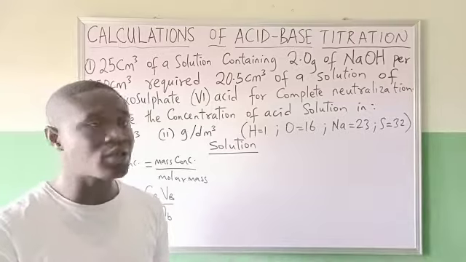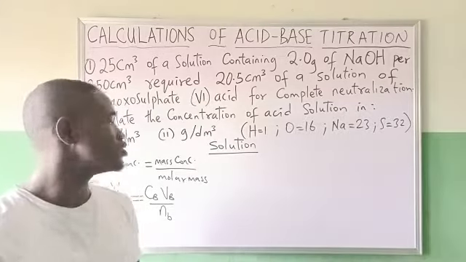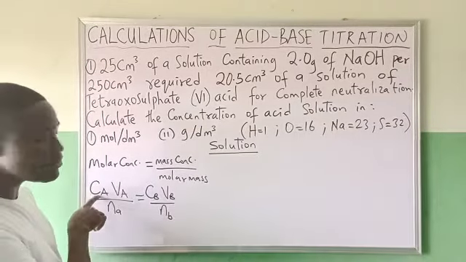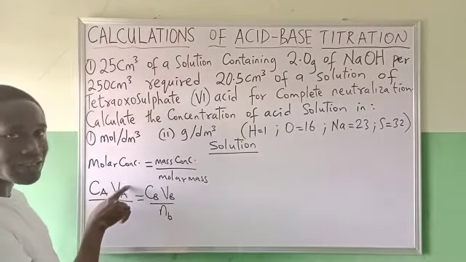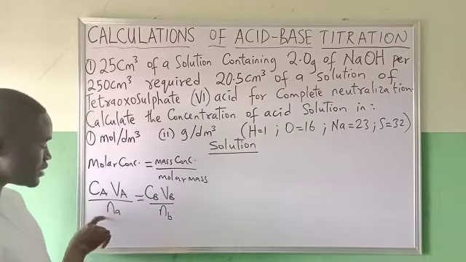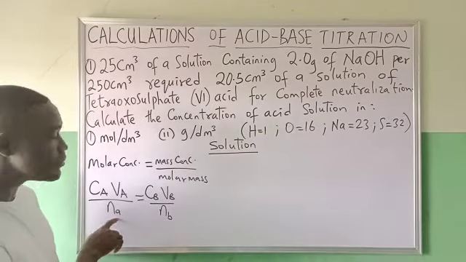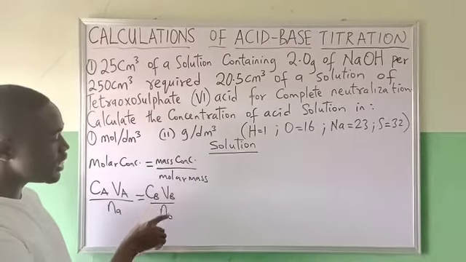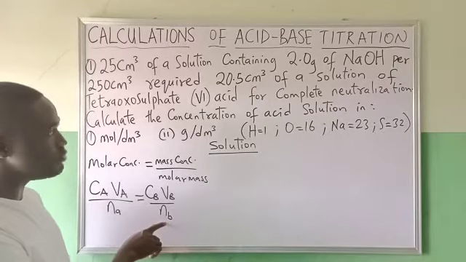Dilutions are often done in volumetric analysis, so we don't forget about this. Where CA means concentration of the acid, VA volume of the acid, and NA number of moles of the acid. From that equation, that is where we get NA from. CB is concentration of the base, VB volume of the base, and NB number of moles of the base.